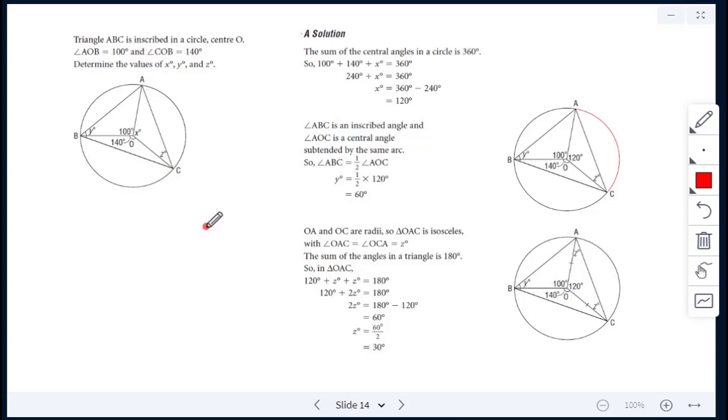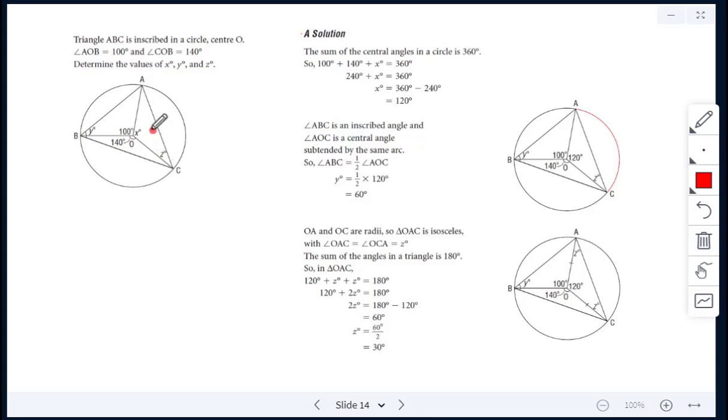So to figure this out, we know that these are two radii. This is the center, this is a radius, and this is a radius as well. So because it's a radius and a radius, that makes an isosceles triangle. This line and this line are both radii, so they're the same length, therefore it is an isosceles triangle.